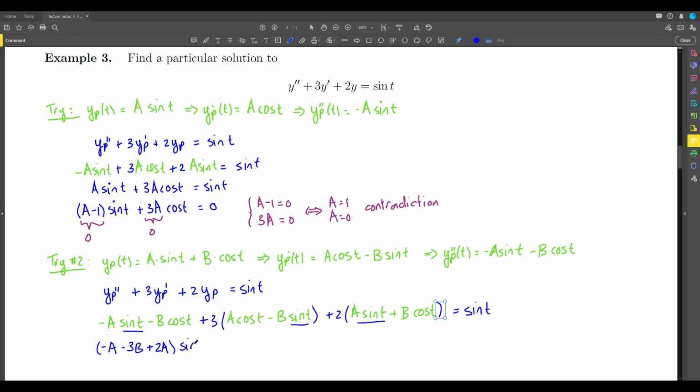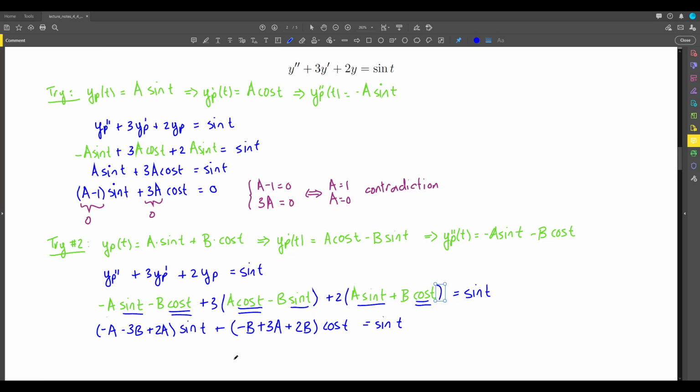And that's sine of t, and then the cosine, I have a cosine here, cosine here, cosine here. So we're going to start off with a negative b here, and then plus 3a, and then plus 2b times cosine t, and that equals sine of t.